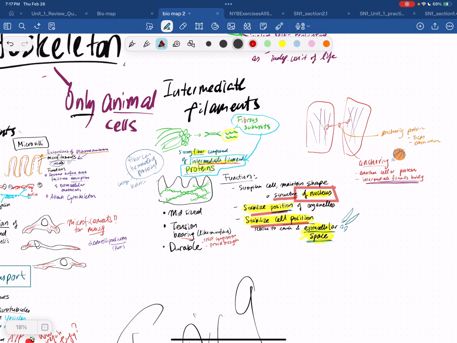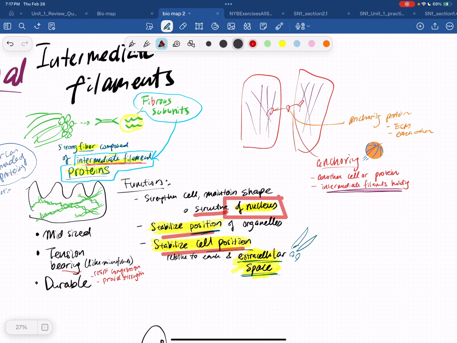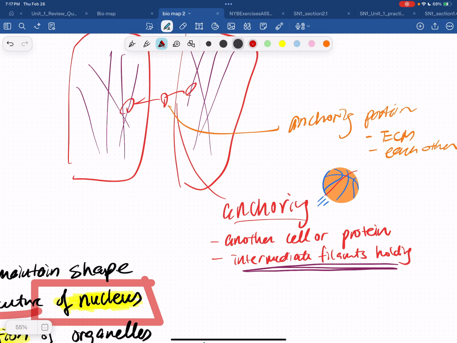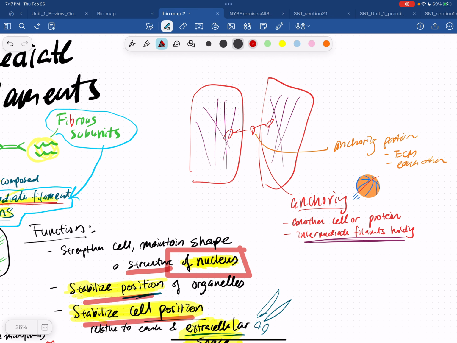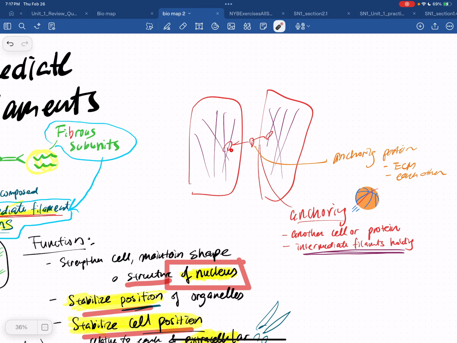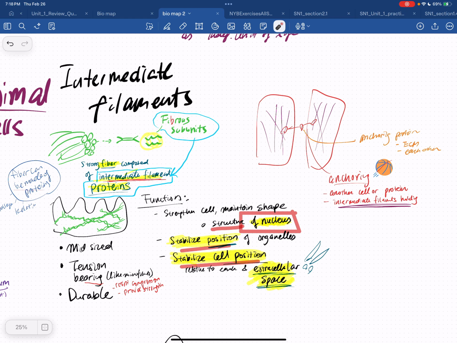No. They're not in the extracellular matrix. They're not outside, but they are able to be anchored by anchoring proteins within the cell, and to other cells. So different cells can be bound, anchored, from one intermediate filament to another intermediate filament, by these proteins.